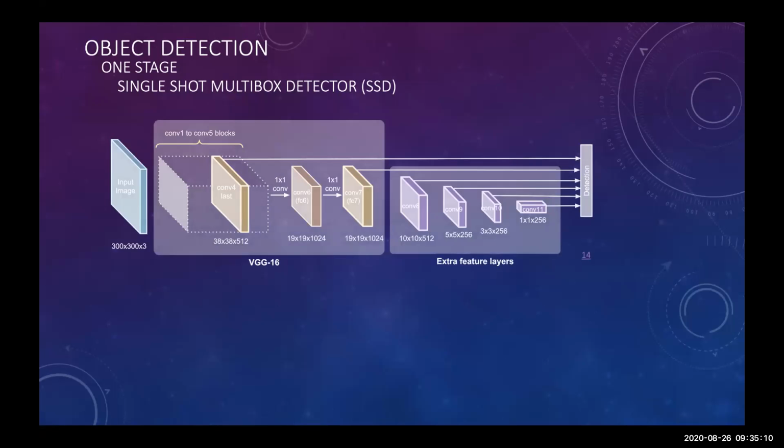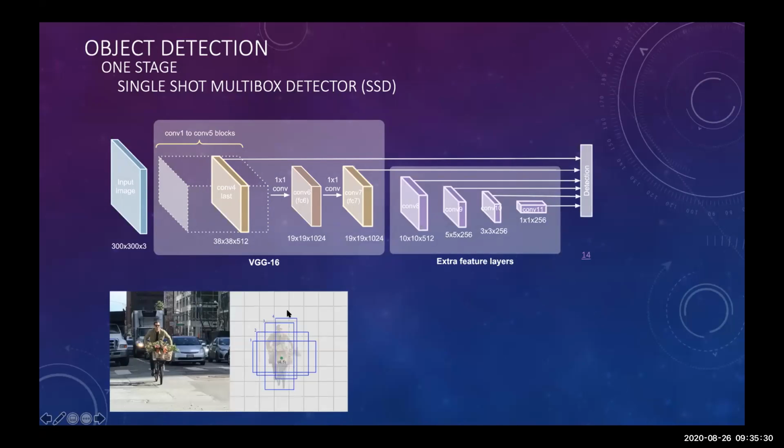SSD is a little bit different than YOLO, where they actually take all the different convolutions from VGG16 and they also add some extra feature layers. So they don't just use a grid and then create these bounding boxes. They use the different feature maps from all these convolutions to make predictions, and they have different aspect ratios and different scales for each feature map.